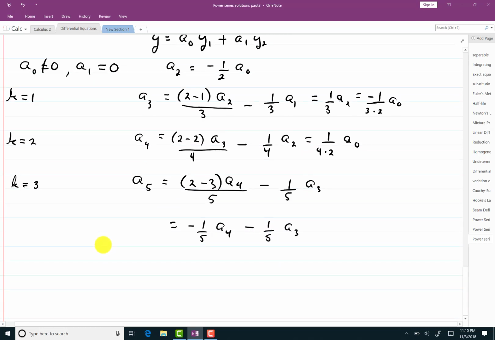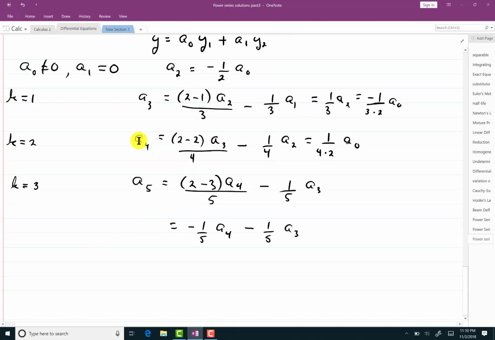What did I have for a sub 4? I can replace that with 1 over 4 times 2 a sub 0. So I have negative 1 over 5 times 4 times 2 a sub 0 minus 1/5. And then a sub 3 was negative 1 over 3 times 2 a sub 0. So I have times 3 times 2 a sub 0, and this becomes a plus.